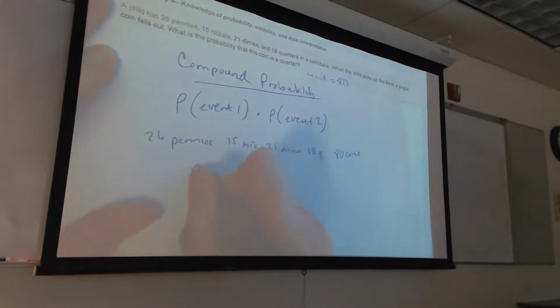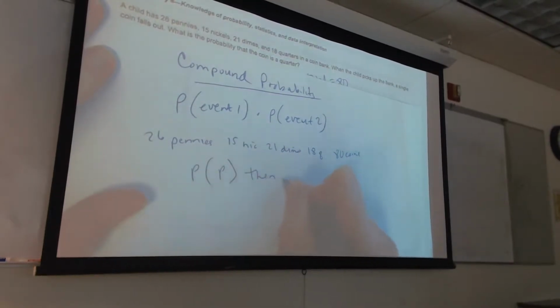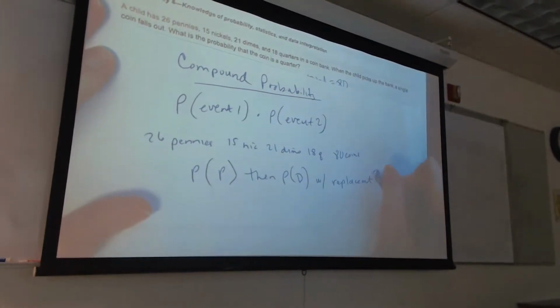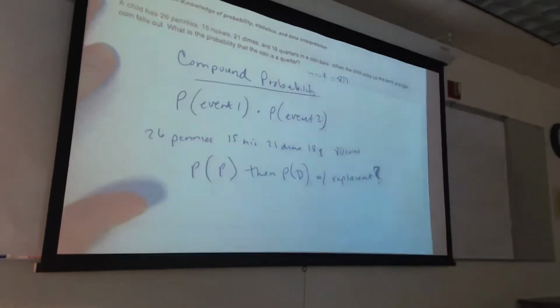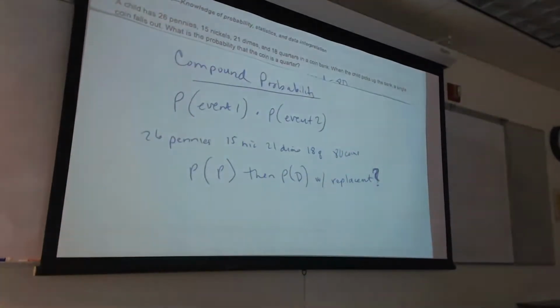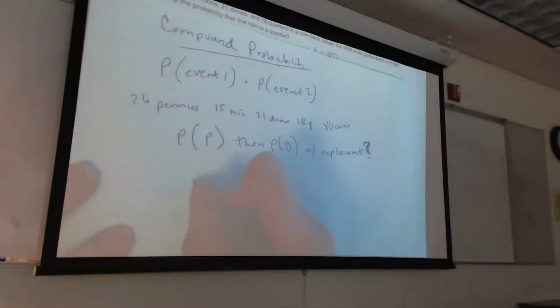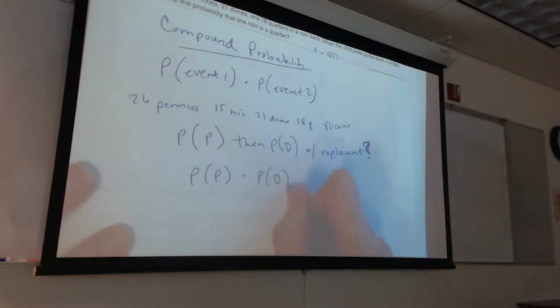And I say, what's the probability of a penny, then the probability of a dime, with replacement. The with replacement part is important. So we're going to do the probability of a penny times the probability of a dime.